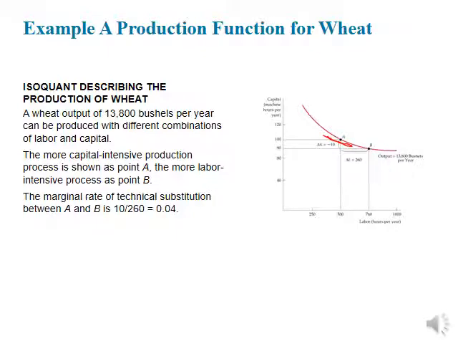And at point B, a relatively labor-intensive process, where we're using 90 units of capital, 760 workers, and a much more flat MRTS. In other words, though different inputs provide the same level of output, point A is much more similar to the US or Canada, and point B is much more similar to the developing world.